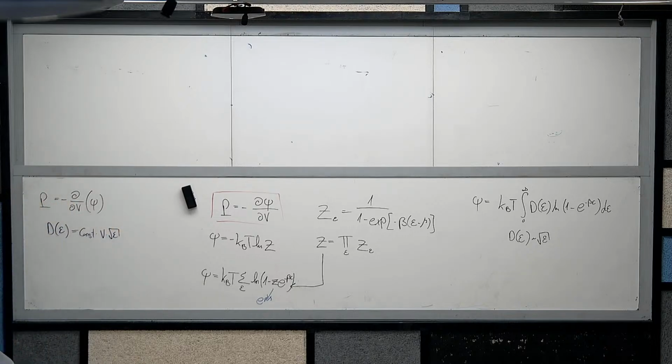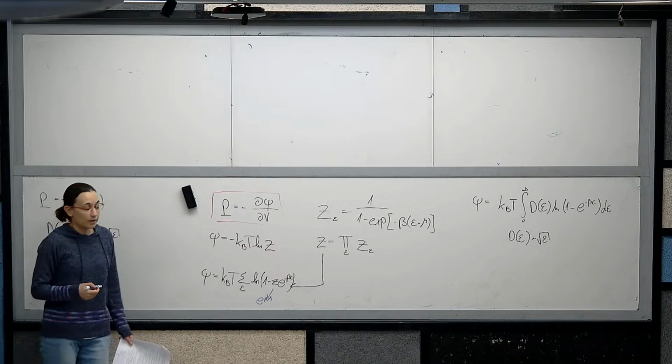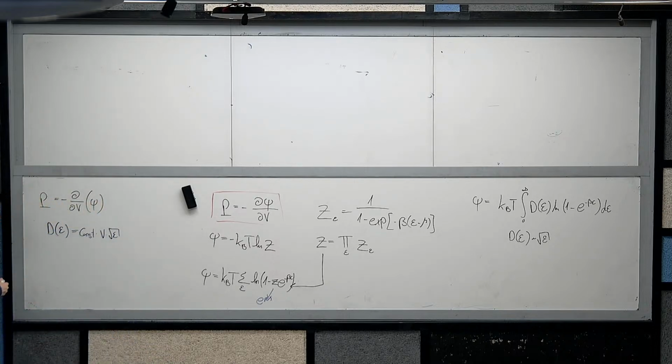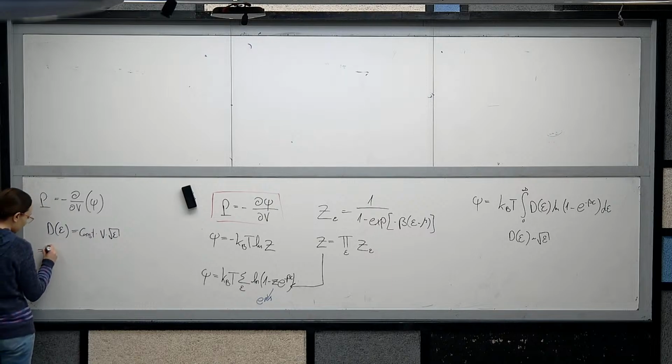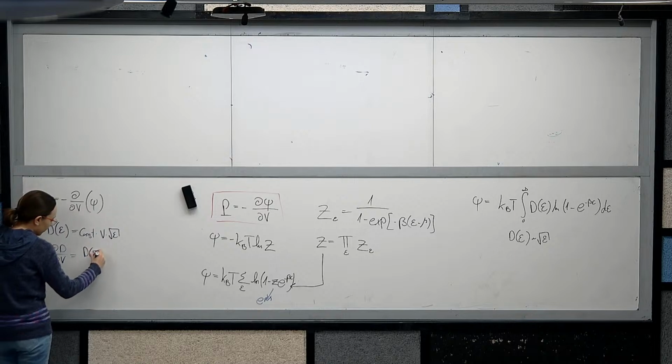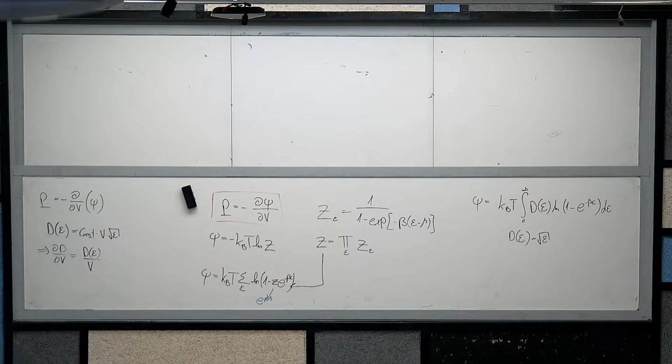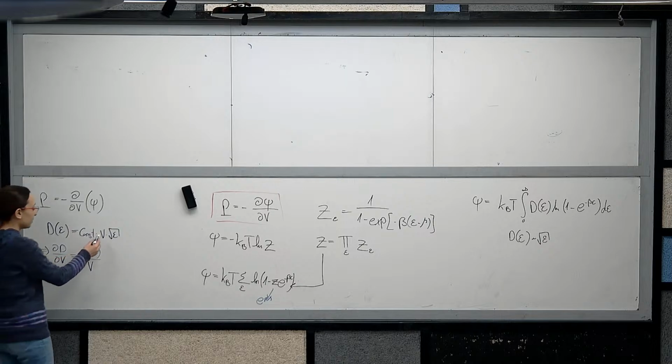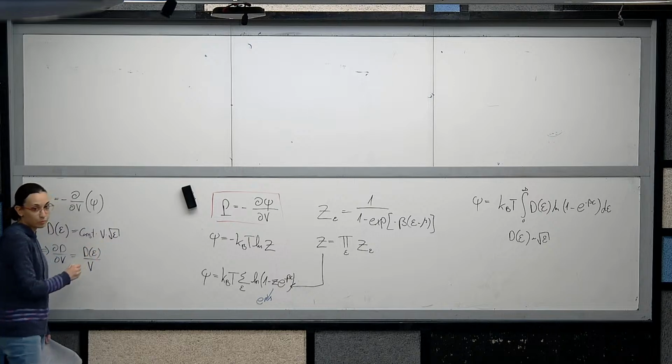So the density of states goes like V. So when we derive this density of states relative to V, its derivative just eliminates this volume. So we get that it actually equals this density of states divided by V, because it only eliminates this dependence on the volume.